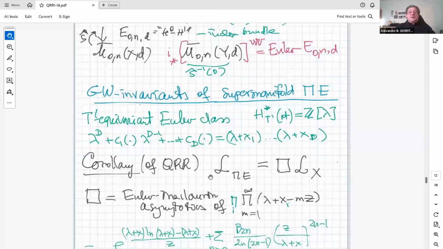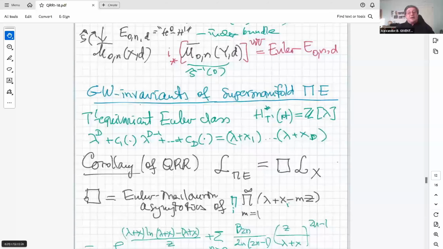Anyway, the quantum Riemann-Roch theorem in this genus zero version tells us that there is this cone of this new theory, this Lagrangian section of that new theory, and this Lagrangian section of the original theory, and they are related by not quantized, but by that symplectic transformation that was in the previous page denoted by delta, and here I'm denoting it by the square.